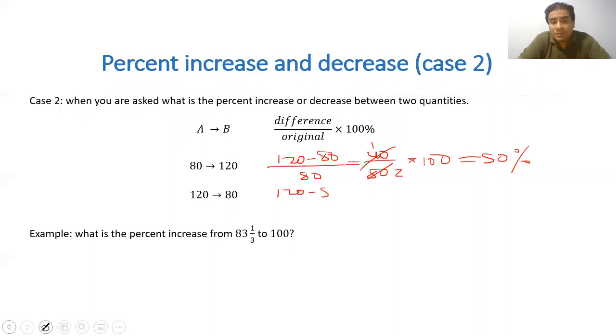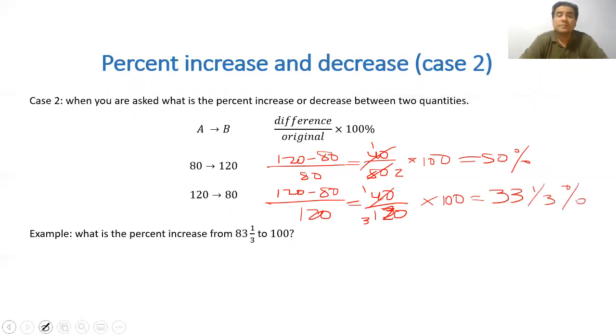Again, the difference is the same, but now I divide by the original quantity. So it would be 40 divided by 120, which is 1/3 times 100. That is 33 1/3%. Okay, that's a way to calculate the percent increase or decrease between these two quantities.